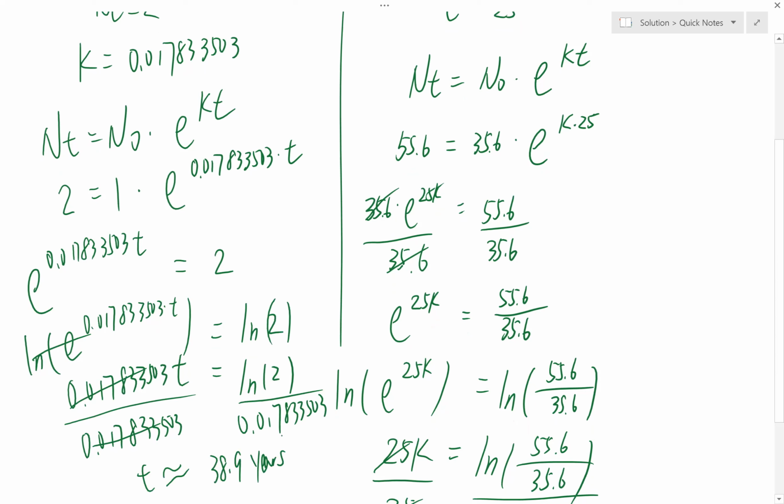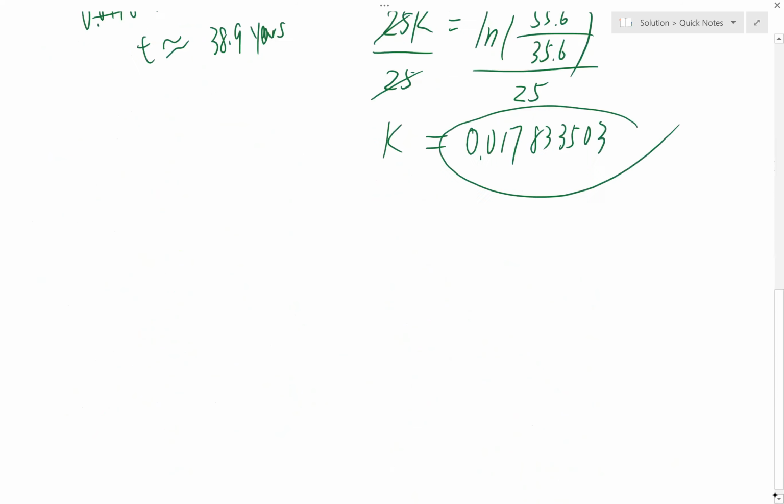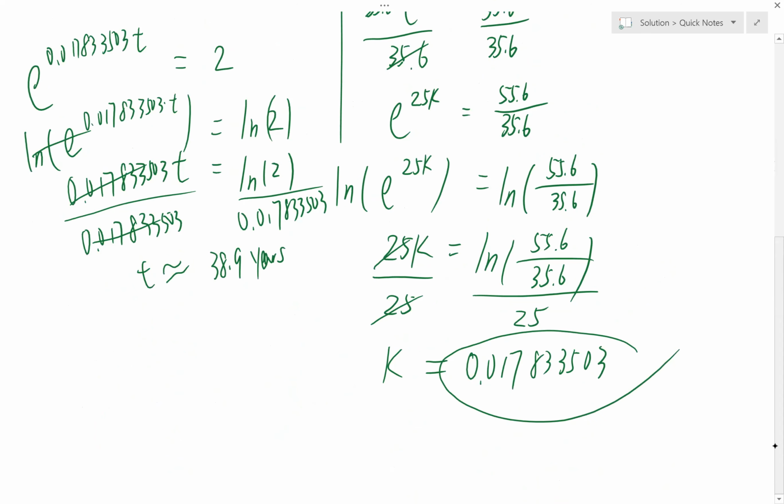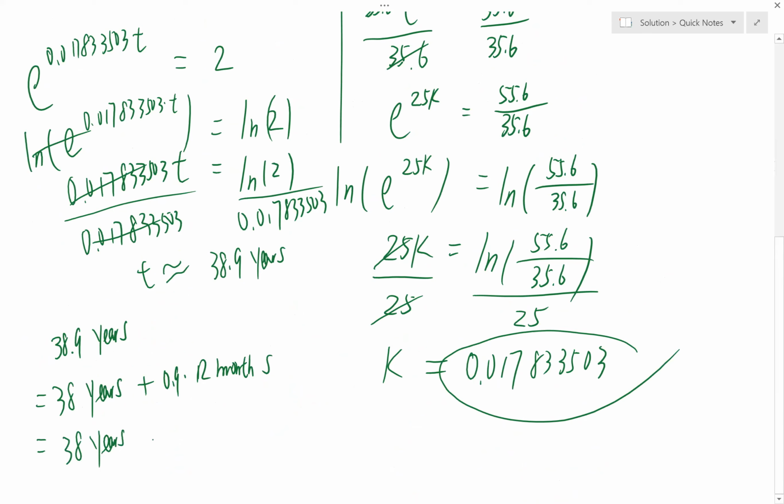Okay. And if you want to turn this into years, months, and then days, I'm going to do this one more time. So you're going to do 38.9 years. That for sure is 38 years. And 0.9 times 12 months, that's 10.8 months. So 38 years, 10.8 months.